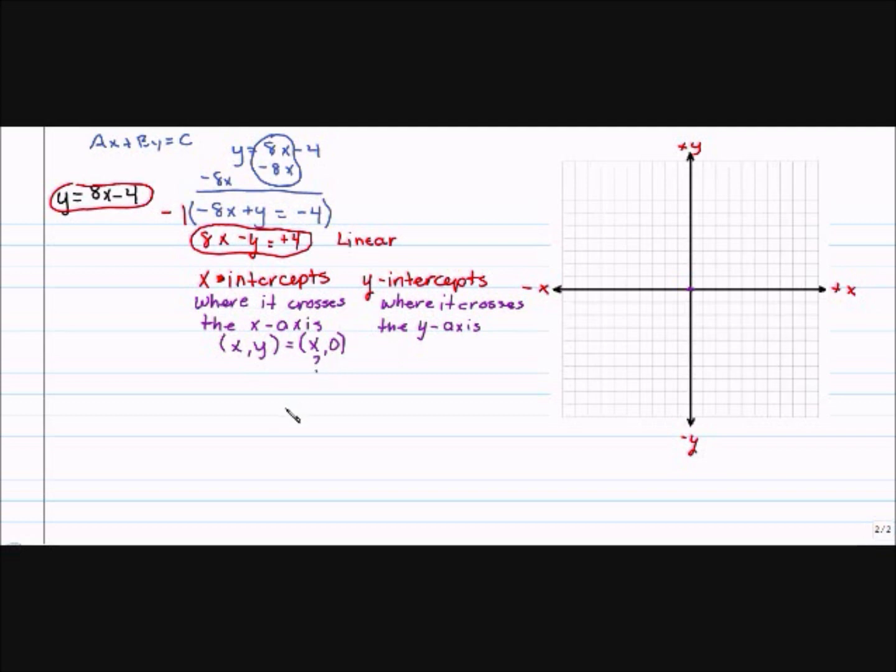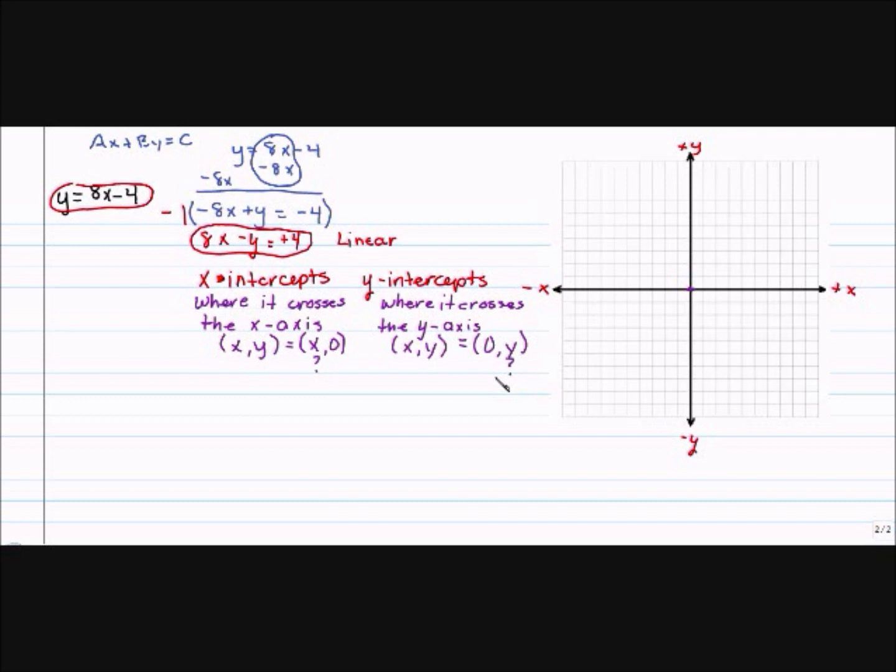Your x will tell you where it crosses the x-axis. And for the y-intercept, it's the opposite. You have the ordered pair x, y. Your y-intercept will be when x is 0. Once again, looking for y.